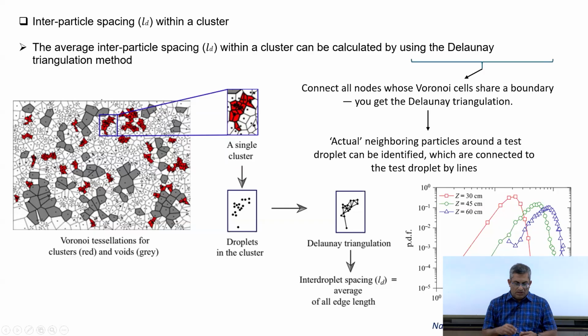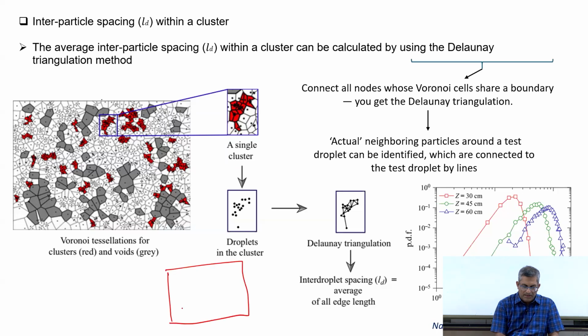Let us say you have an image and you have identified some particles here. Now, the question is, how do we define interparticle separation distance? At first sight, it may seem very straightforward, but it is not. For instance, let's consider this particle. How do we calculate the interseparation distance for this particle?